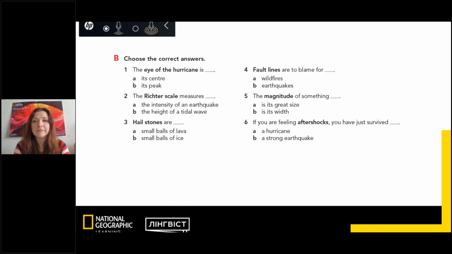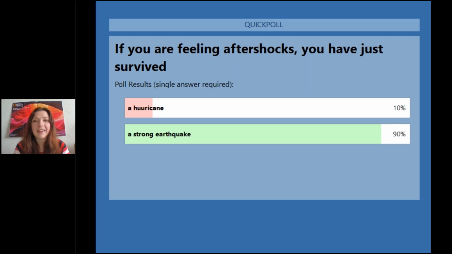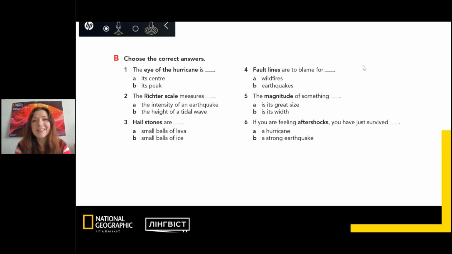So let's finish voting and have a look. Yeah, you are feeling aftershocks after a strong earthquake. So there was an earthquake, but after that there started some more shakes of the ground. It means the aftershocks. Well done, thank you very much.